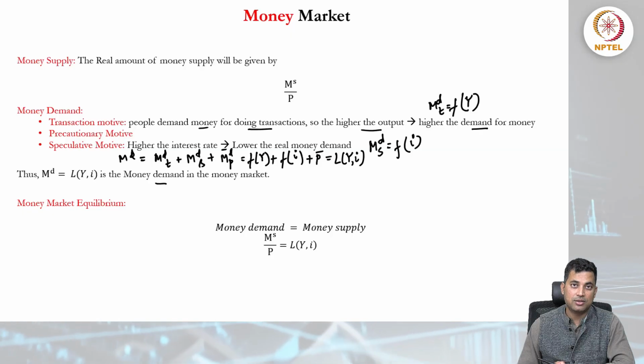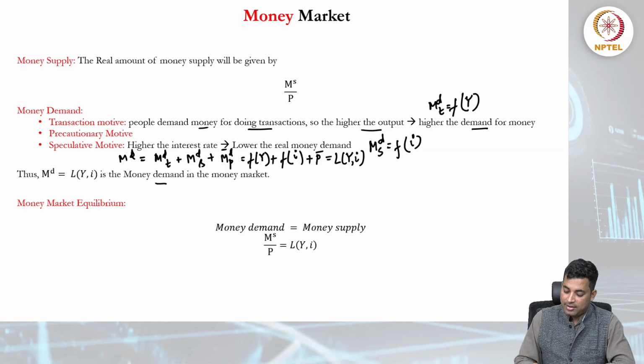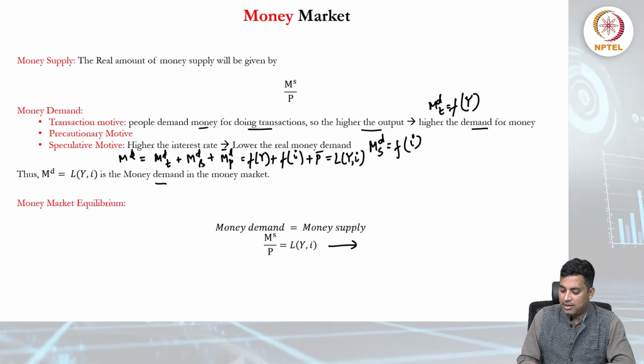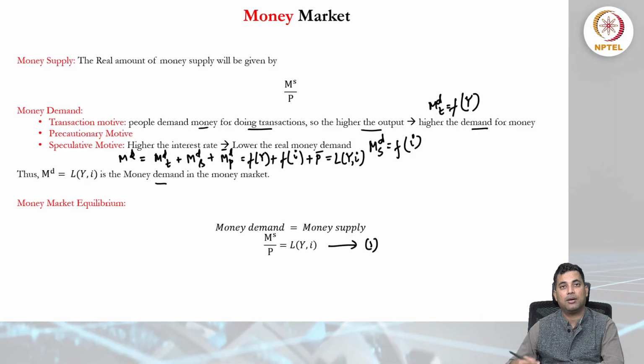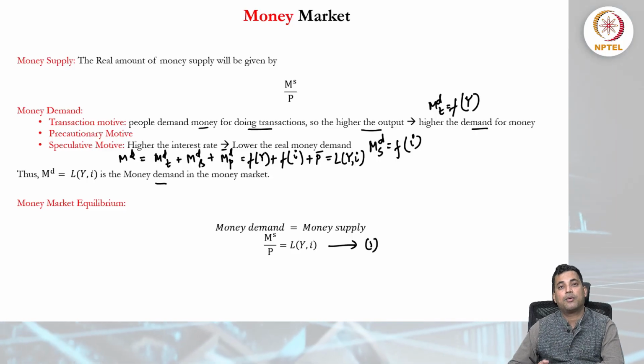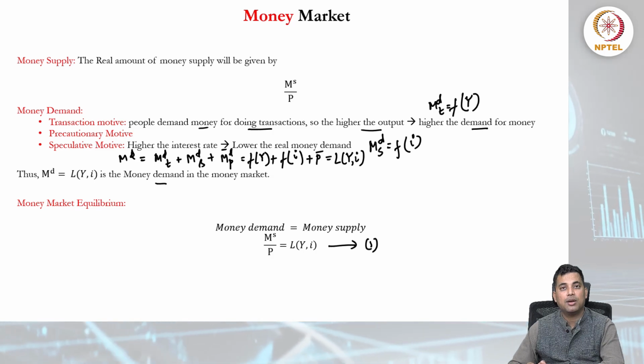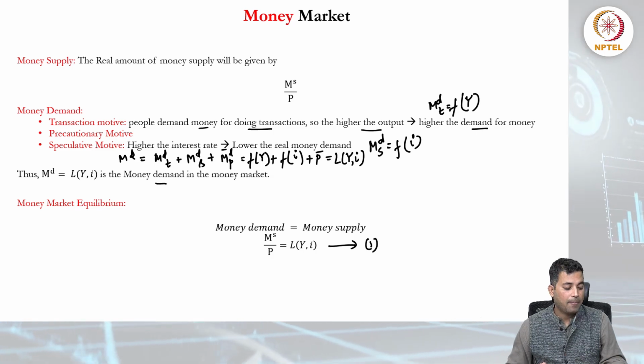Y is the transactions, the total output, and i is the rate of interest. We can give this as equation 1, the grand equation for the money market. So this is what the money market looks like.